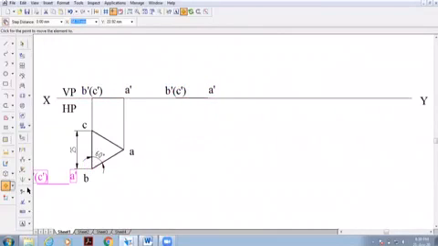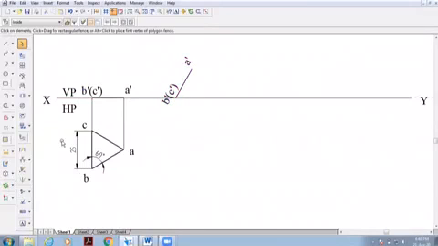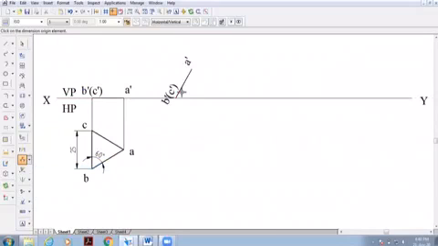So now directly come to the rotate command. So make B dash C dash lying on the XY line and the other point A dash as your rotation point. So give the rotation angle at an angle of 60 degrees. So if we measure, this will be at an angle of 60 degrees.